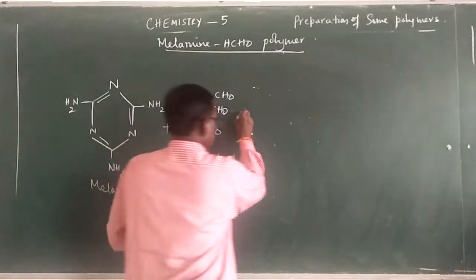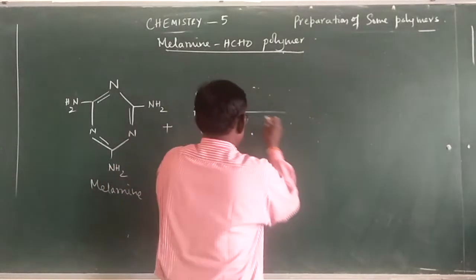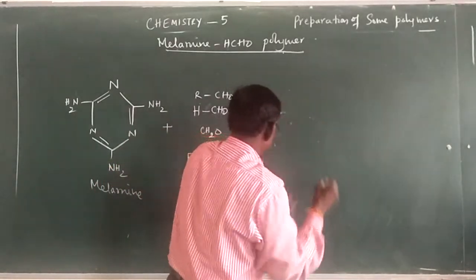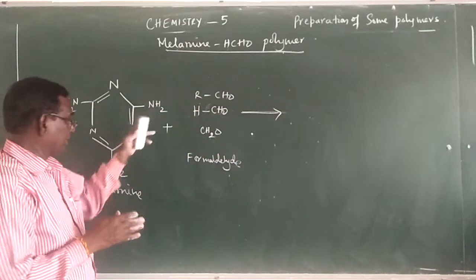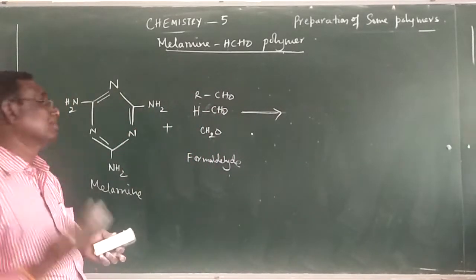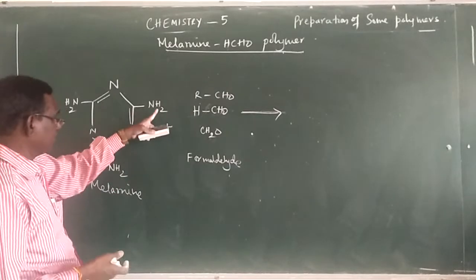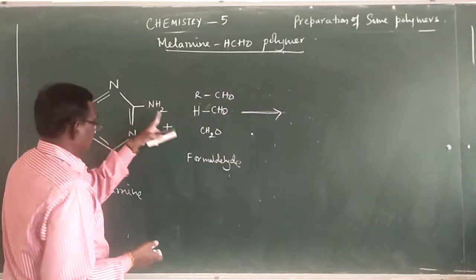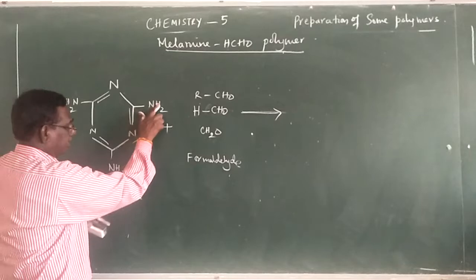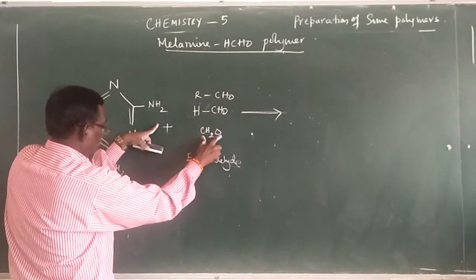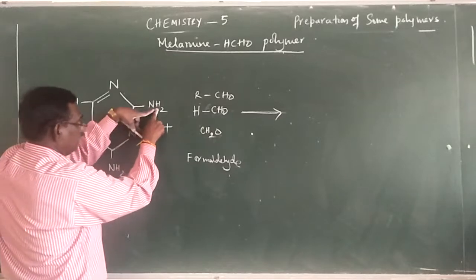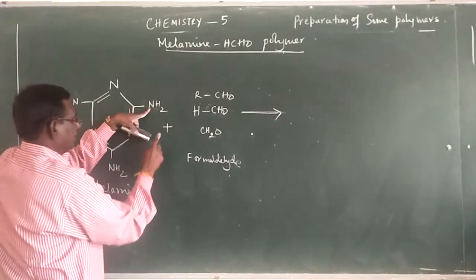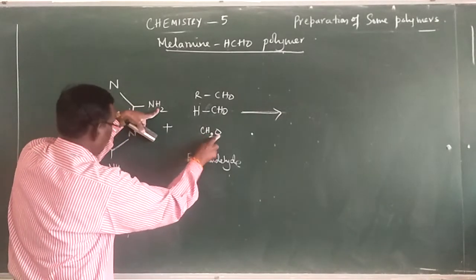Now when it undergoes condensation, you will get one product that is called the resin intermediate. Here, at the NH position, you have to remove one hydrogen atom, and NH bonds to CH2OH.